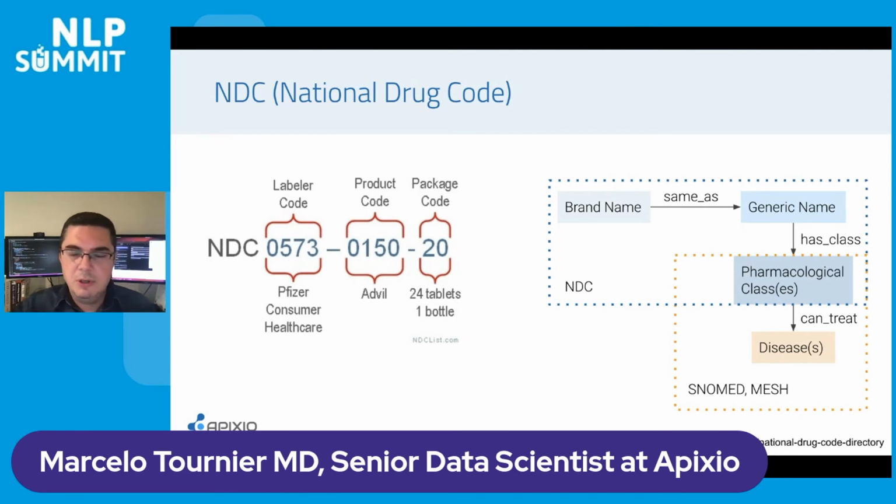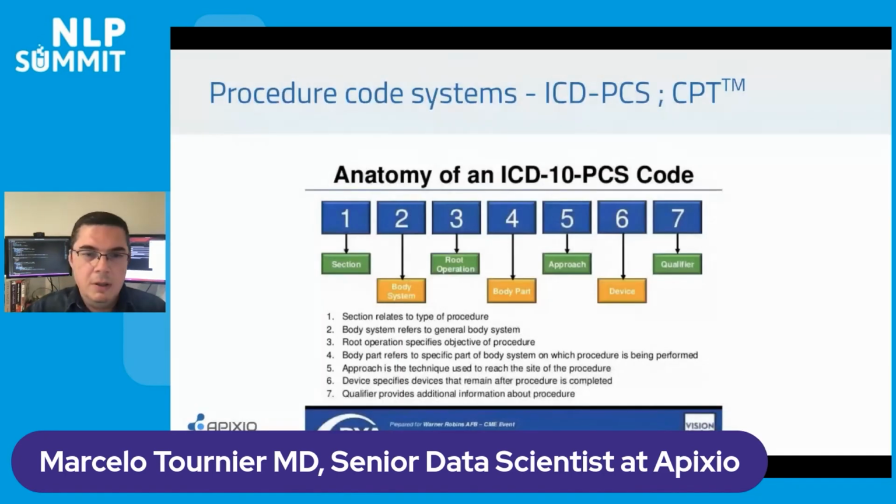Mapping drugs, for instance, brand names to a generic name, and the generic name to a pharmaceutical class, and then getting the pharmaceutical class to know which pharmaceutical class can treat a given disease. And then you have a mapper from drug to disease.